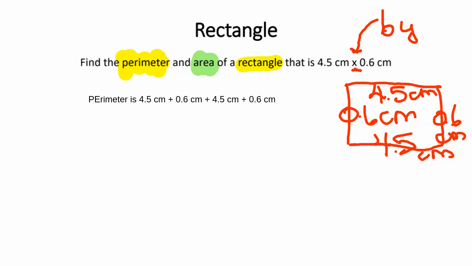Now, when you add all of the numbers, 4.5, 0.6, 4.5, 0.6, you are going to come up with the number 10.2, and it's centimeters. Notice we're adding.